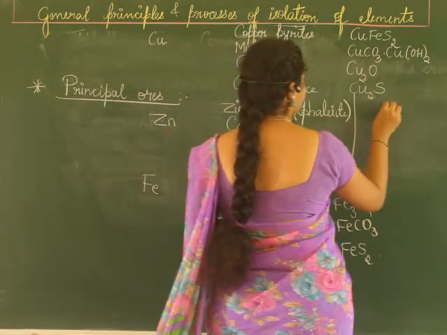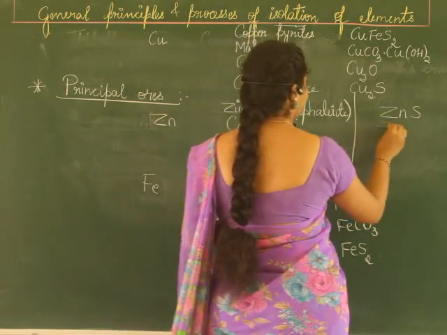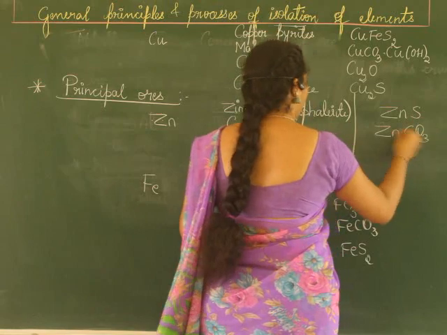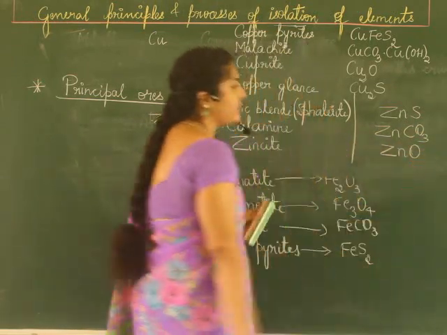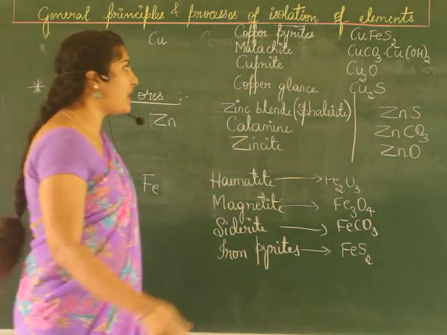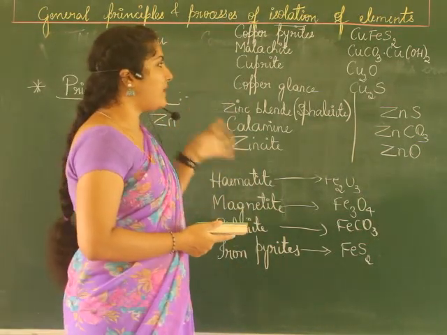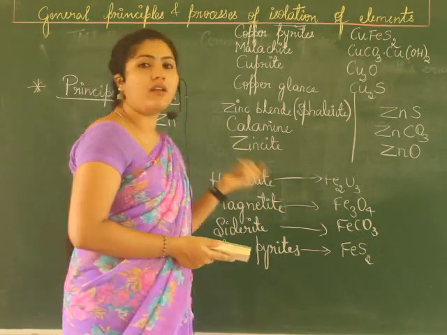Zinc blende, or sphalerite, is ZnS, calamine is a carbonate, ZnCO3, and zincite is zinc oxide. So these are the principal ores of the very important metals: aluminium, iron, zinc and copper.